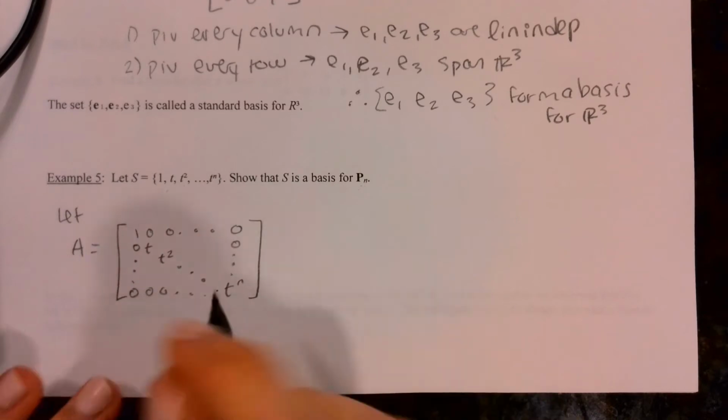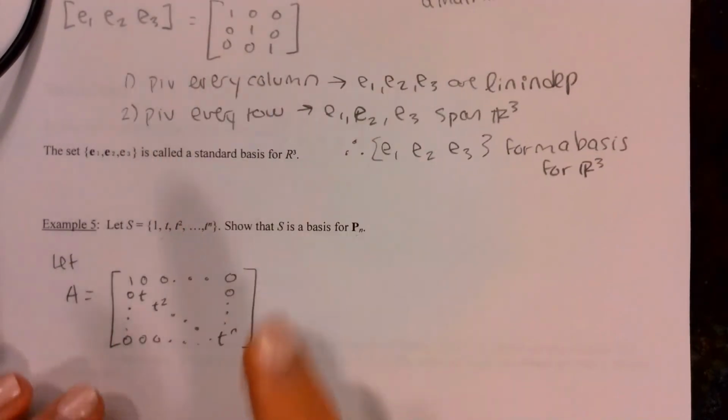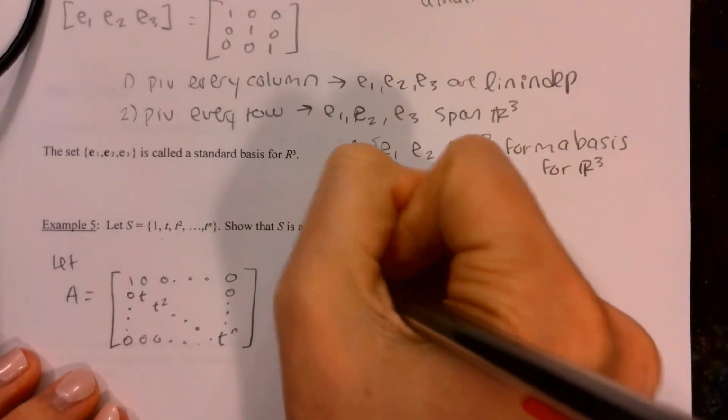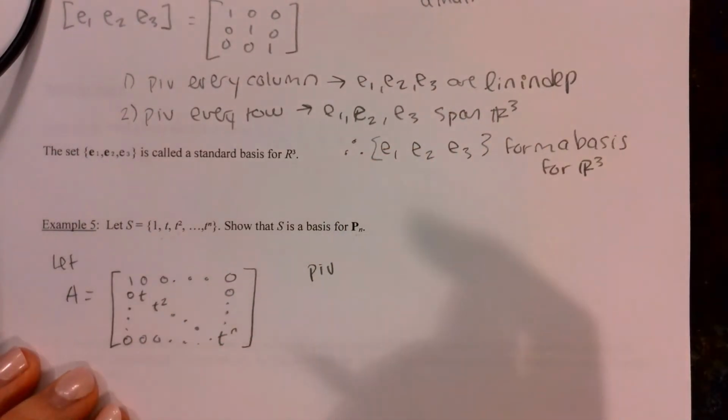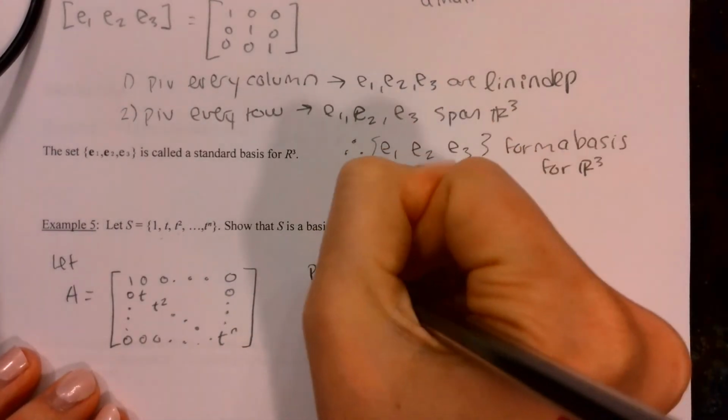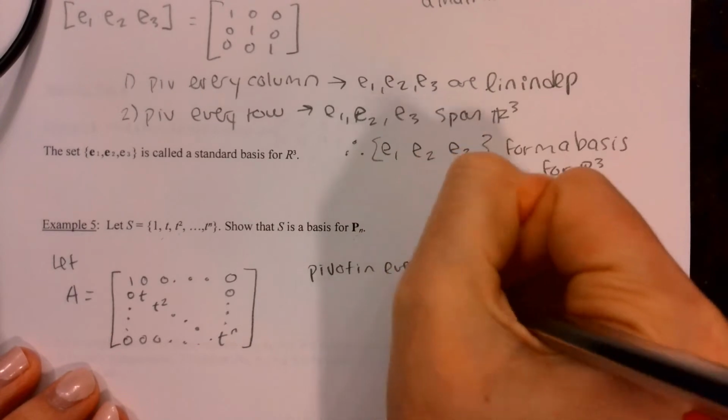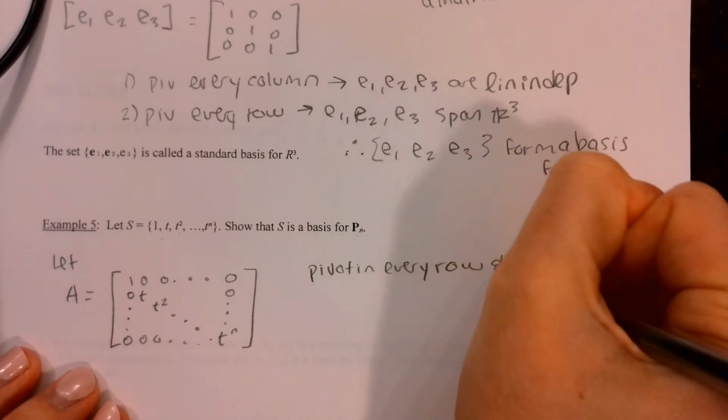Okay? So again, thinking about this like we did up here, this matrix has a pivot, technically a weird looking pivot, but a pivot nonetheless, in every row and column.